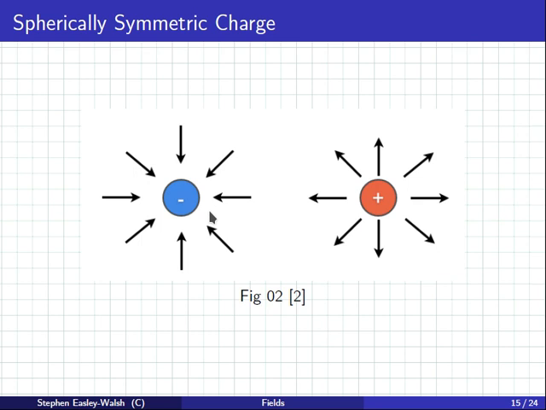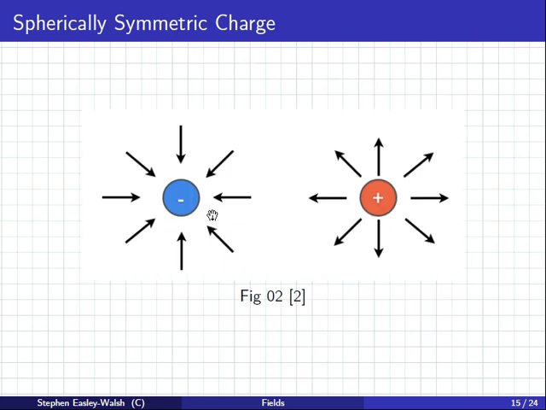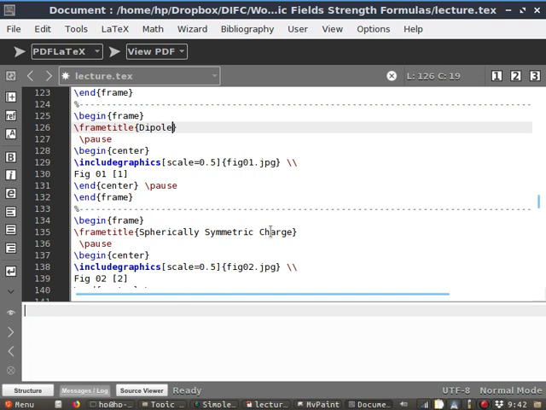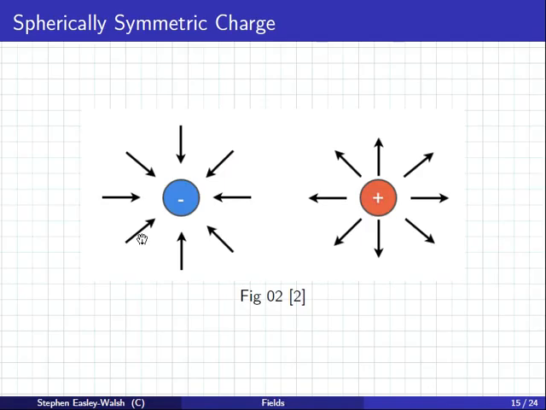But of course, if you did have the two of them together, you don't get this picture, you actually get this picture, okay? So I think when you draw this, perhaps you should put a line down the middle here or something to separate the diagrams, okay? This is a point charge. Point charge, I should say.